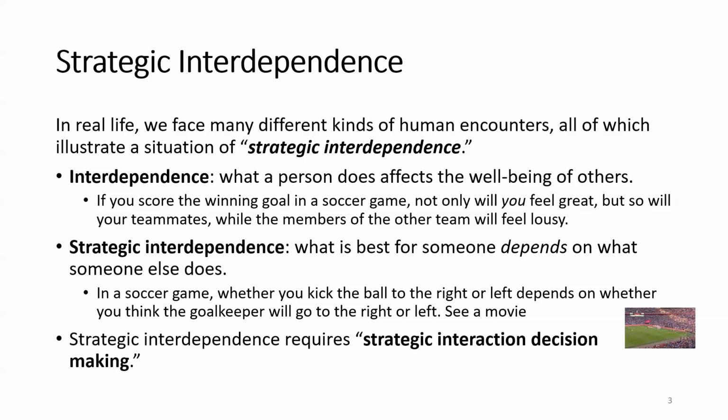All right, but now just simplify the example. The goalie can move to the left hand side or right hand side. If both players, the kicker and the goalie, choose the same direction, what's the consequence?